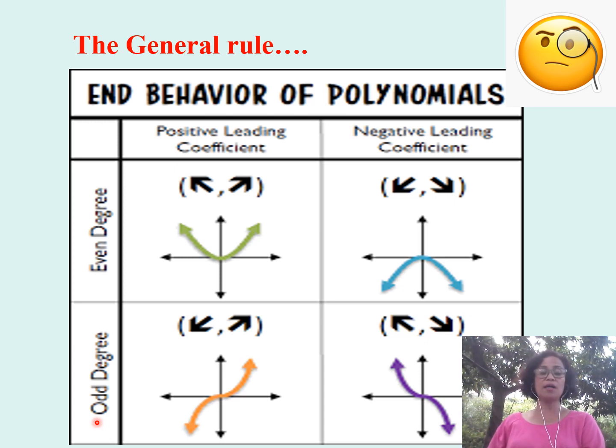If it's a positive leading coefficient, it's going to start with a low and end with a high. If it's a negative leading coefficient, it's going to start with a high, then it's going to end with a low.